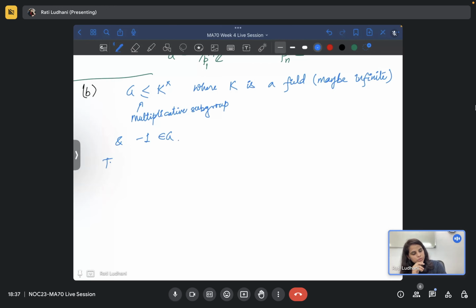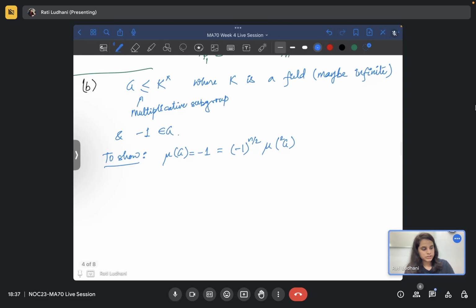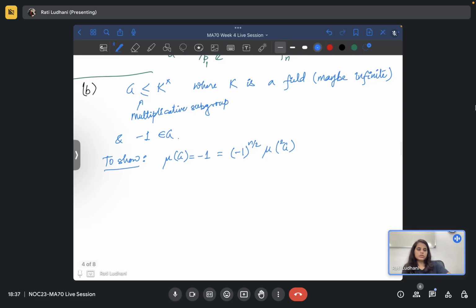Now to show mu G is equal to minus 1 raised to power n by 2 times mu 2G. This is a different one: it is the product of squares of elements. Okay, so let's see.